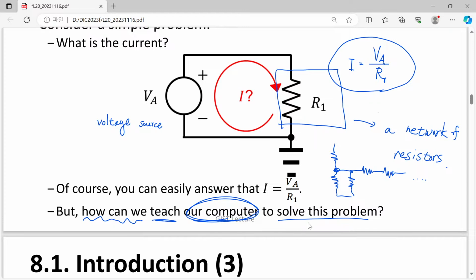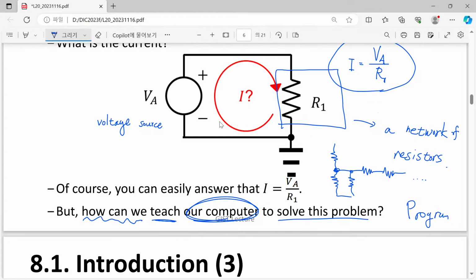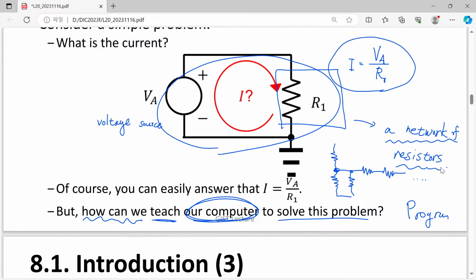However, fortunately, if we have a program to solve this simple system, then even a complicated network of resistors can be well handled. And of course, if we have transistors inside it, that is not that difficult for our program.